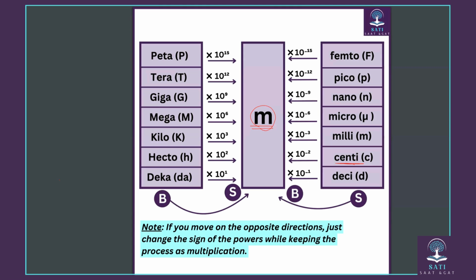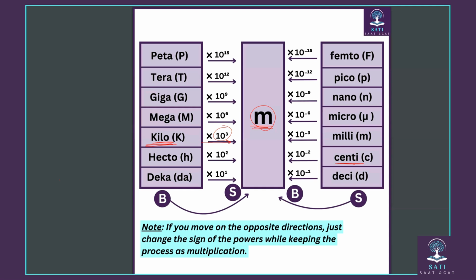And we know that 1 kilometer equals 1,000 meters. So if I want to change from kilometer into meter, this is my direction. I multiply by 10 power 3, which means 3 zeros. That means 1,000.